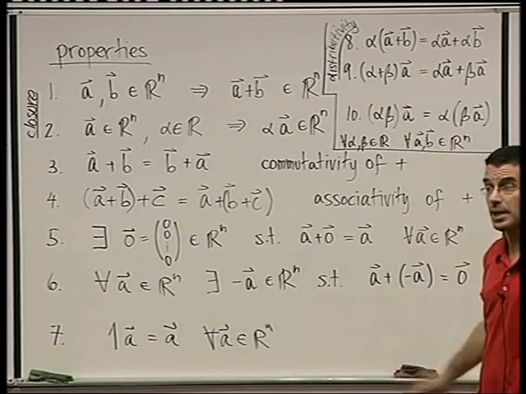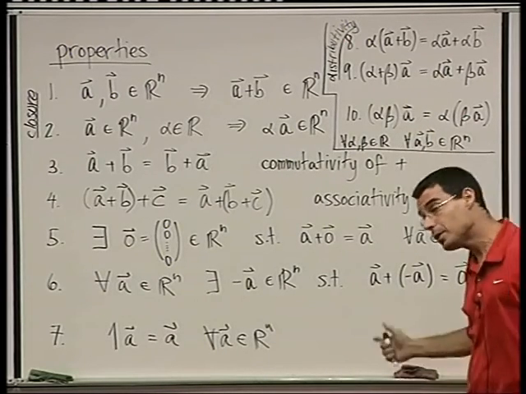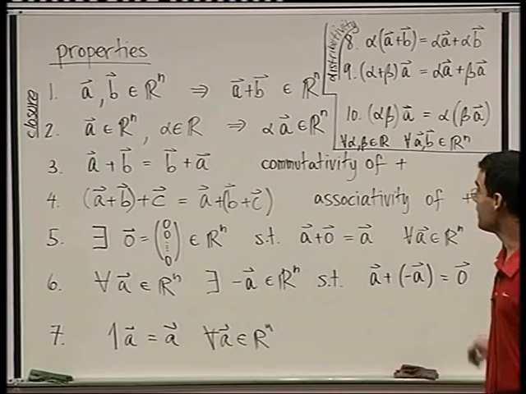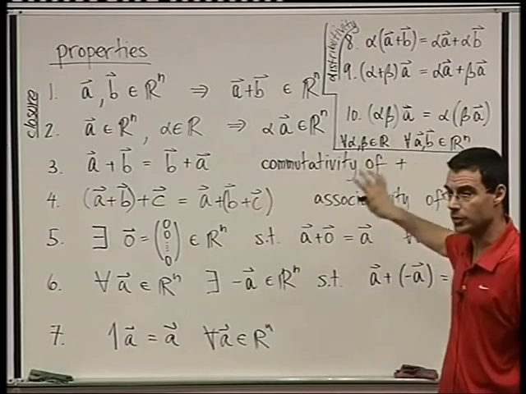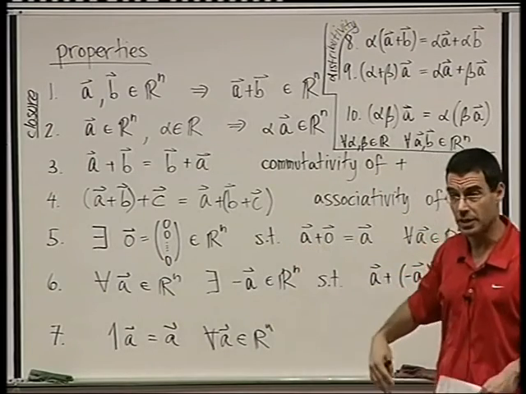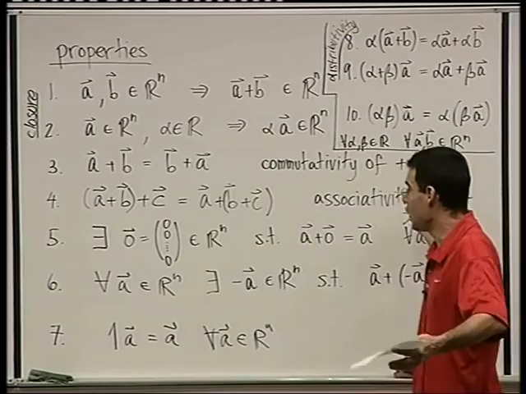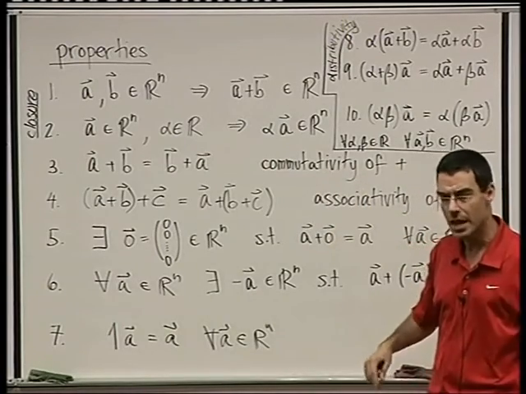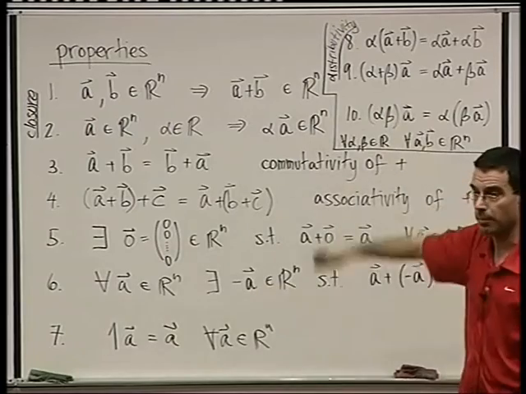Okay? Some of them you know very well. Maybe you haven't thought of it. We're going to talk about it shortly. But many different mathematical structures, like functions, like matrices, like solutions to homogeneous systems of equations, many, many things satisfy these 10 properties.